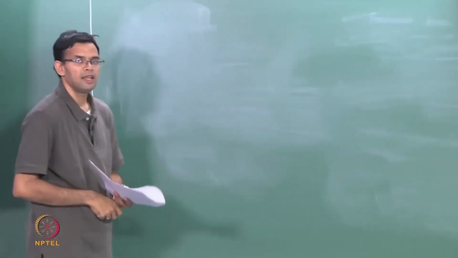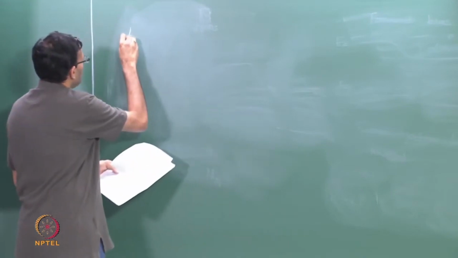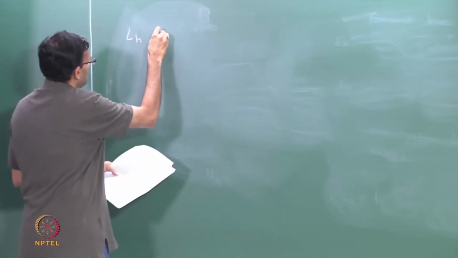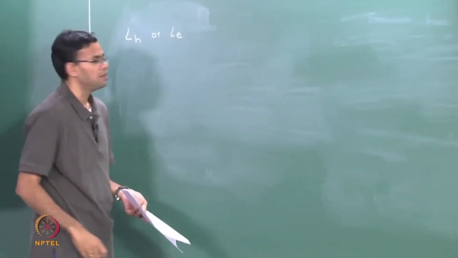The diffusion length for the extra electrons and holes, we are going to call L_H or L_E. This is called the minority carrier diffusion length.